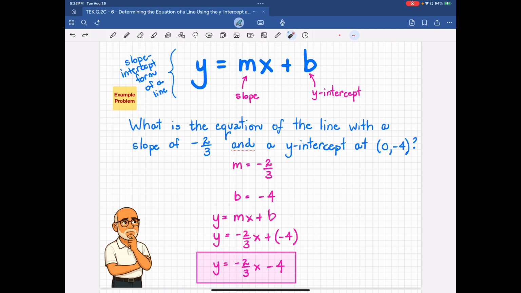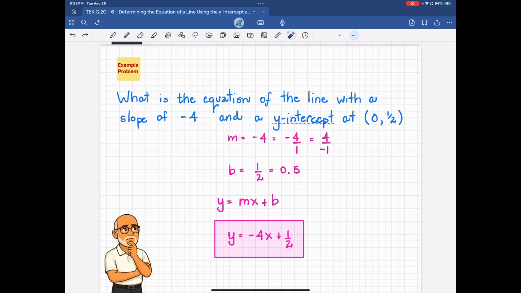But knowing algebra, we can take that plus a -4 and write it much simpler. That would be y equals negative 2/3 x minus 4. Instead of the plus the -4, we're just going to put minus 4. Now, this tells us the slope is negative 2/3 and the y-intercept is -4.